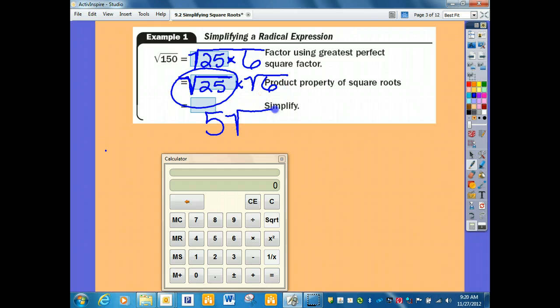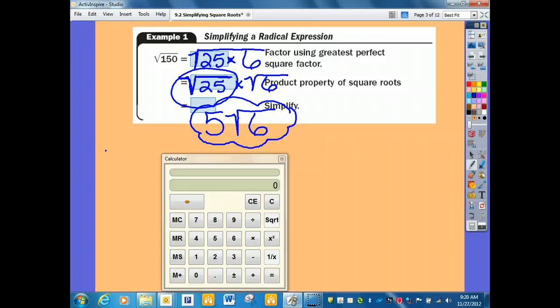No. So we have 5 times the square root of 6. Final answer, because the only factors of 6 now are 2, 3, and 6. Are either one of those perfect squares? No. So that's simplified as far as we can. So that's one way to do it, which is to find the greatest perfect square factor.